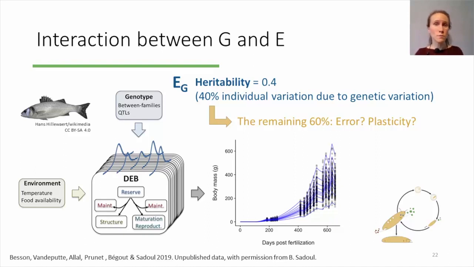It could be measurement error, or due to stochasticity in the system, because all individuals might not have exactly access to the same food at the same time, and they might not be exactly at the same temperature in the tank and so on. But then it could also be plasticity. So it could also be that those different individuals had different parameter values due to the environment they were subjected to or the environment their parents were subjected to.